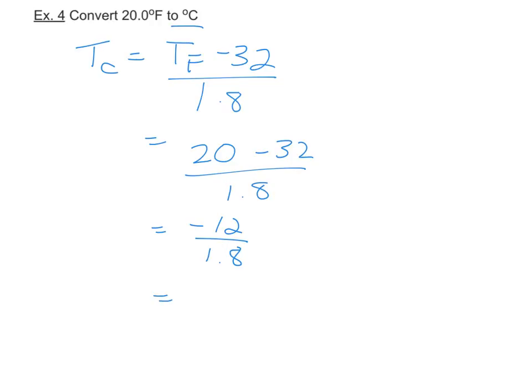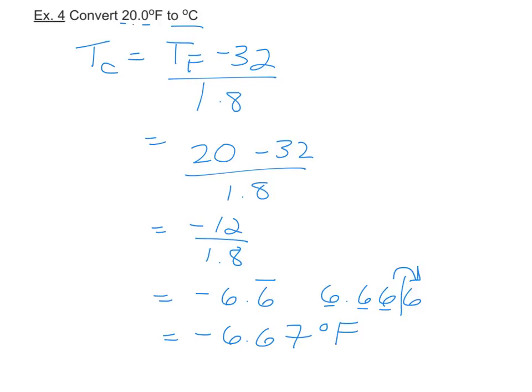And when we divide that, we get negative 6.6 repeating. Looking for the significant digits, we had 1, 2, 3 significant digits up top. So that means we're going to need 3 significant digits, 1, 2, 3, draw your line, look over your rounding wall. That's a 6, so that means we're going to bump that up to a 7. And then we put in our units, so negative 6.7 degrees Fahrenheit.